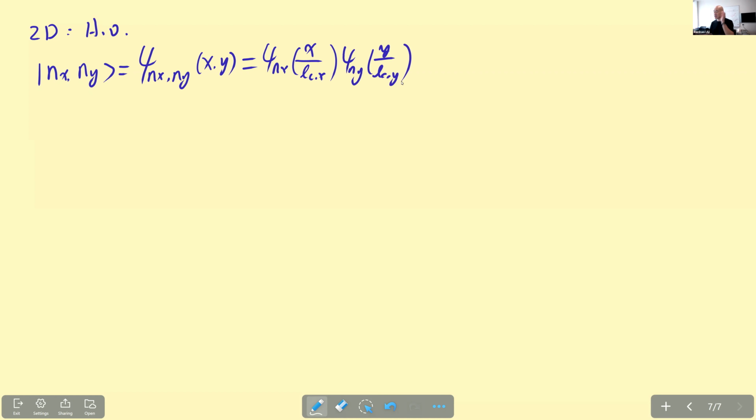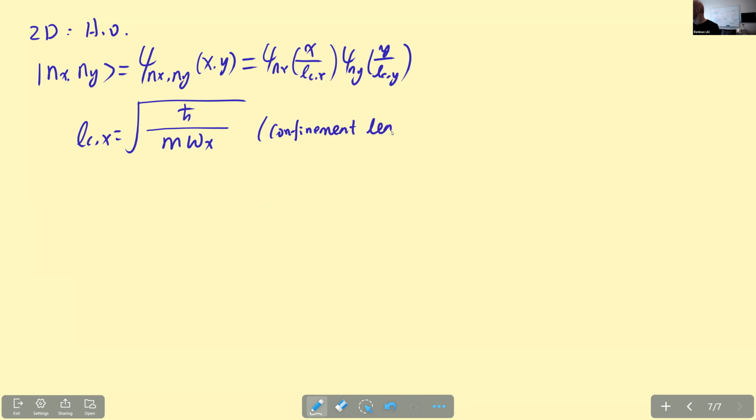These are typical length scales in the x and y direction because they have different frequencies. So l_cx is just defined as the square root of h bar over m omega_x. This is the confinement length along x. And if you choose y, you just change it to y. So that's very simple.